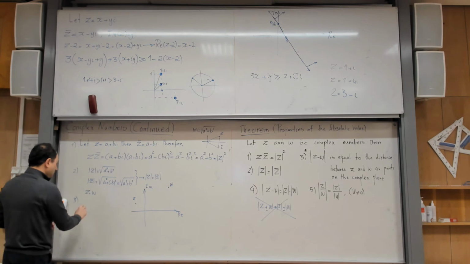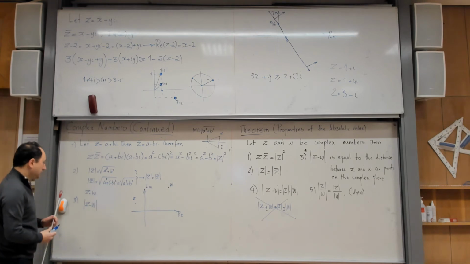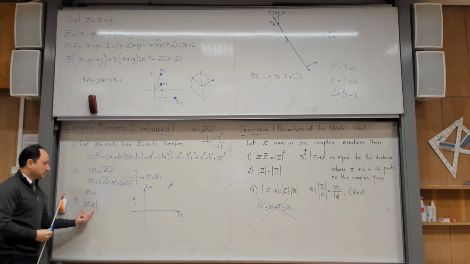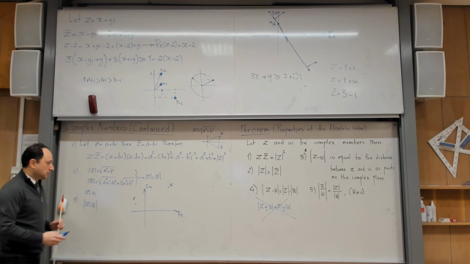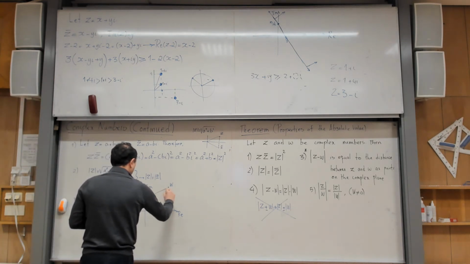If I ask you, what is the meaning of absolute value of z minus w, it's very nice. It measures the distance from z to w. So it means that this distance is exactly equal to the absolute value of z minus w.